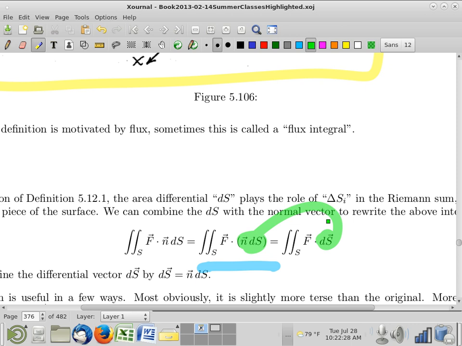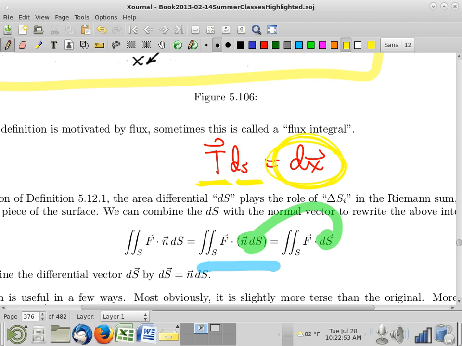So in the same way that dx, let me write this down, in the same way that we thought of dx as being t d little s, and we thought of this as being orientation of the piece of curve times the size of the piece of curve, and therefore this tells you everything you could possibly want to know about that piece of curve.